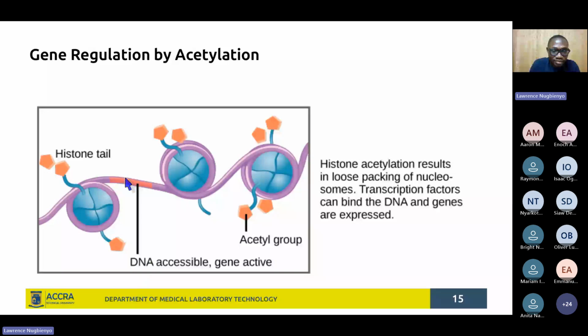The gene is now active to be transcribed and translated. So you can have gene expression. So that is the process of acetylation. Methylation, acetylation, you'll find in eukaryotes.